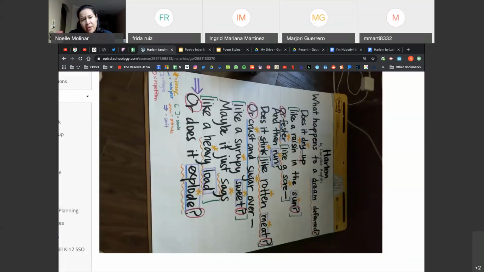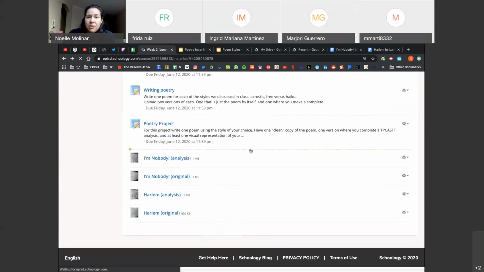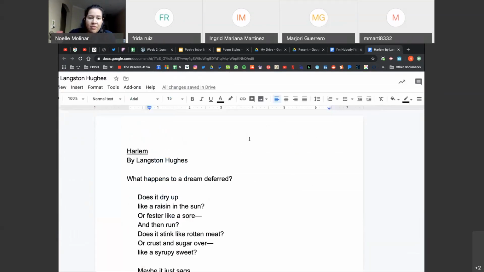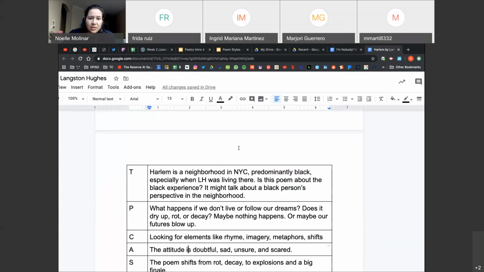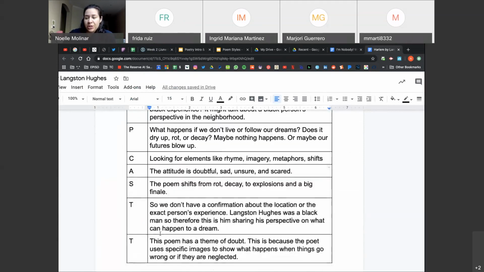I have that here. Now remember, these are just the connotation elements, but it still needs to have a full analysis like this. You still need to explain your work here, but it's still really good to find those elements and to mark them in the poem itself.